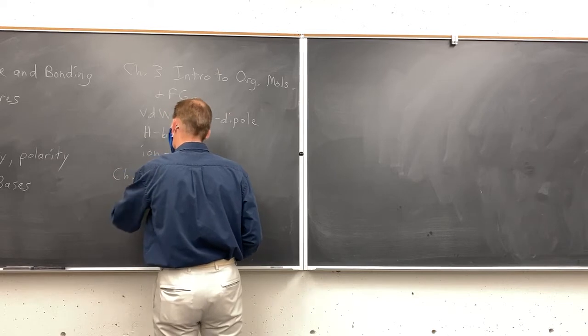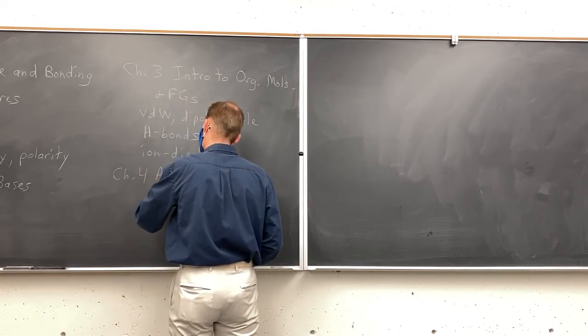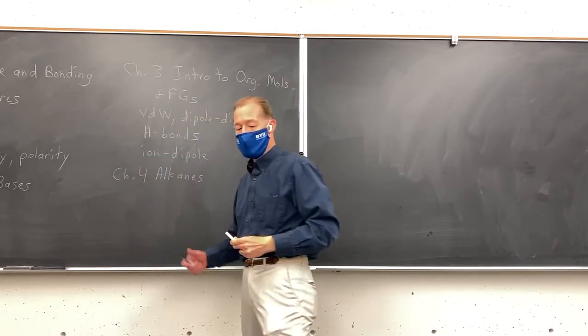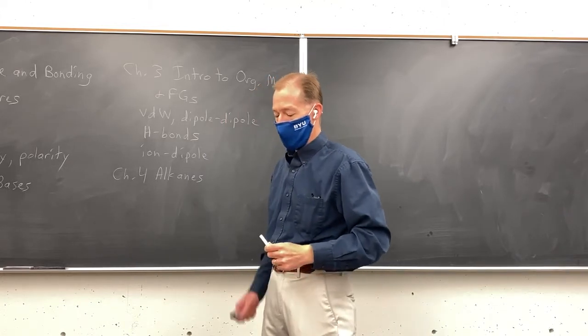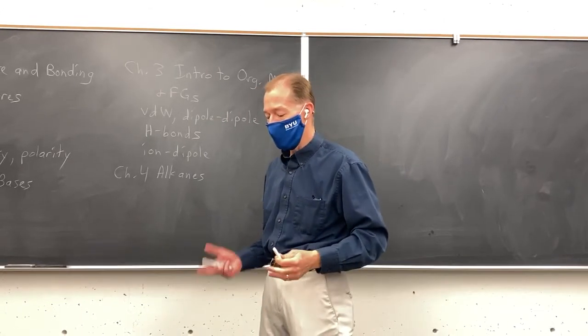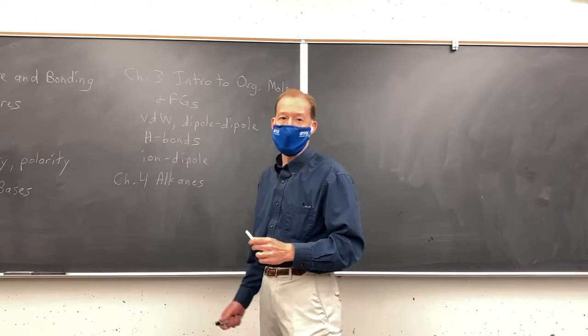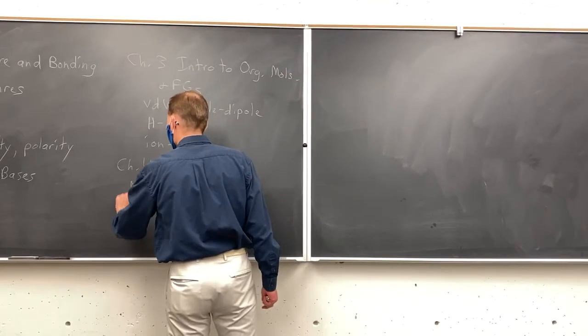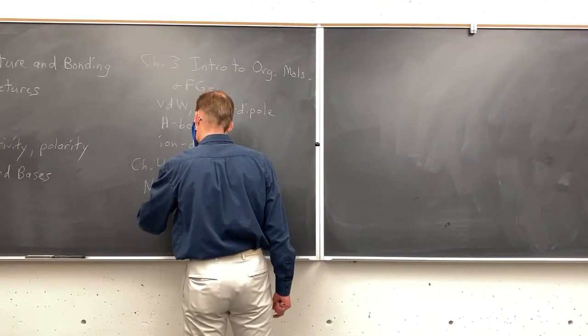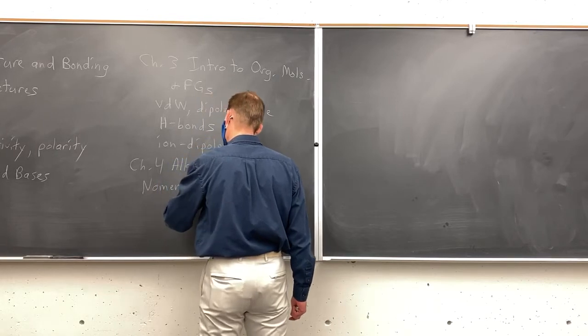So then Chapter 4, we started our first chapter on a specific class of organic compound. We talked about alkanes in this chapter. We use that as a way to introduce nomenclature.